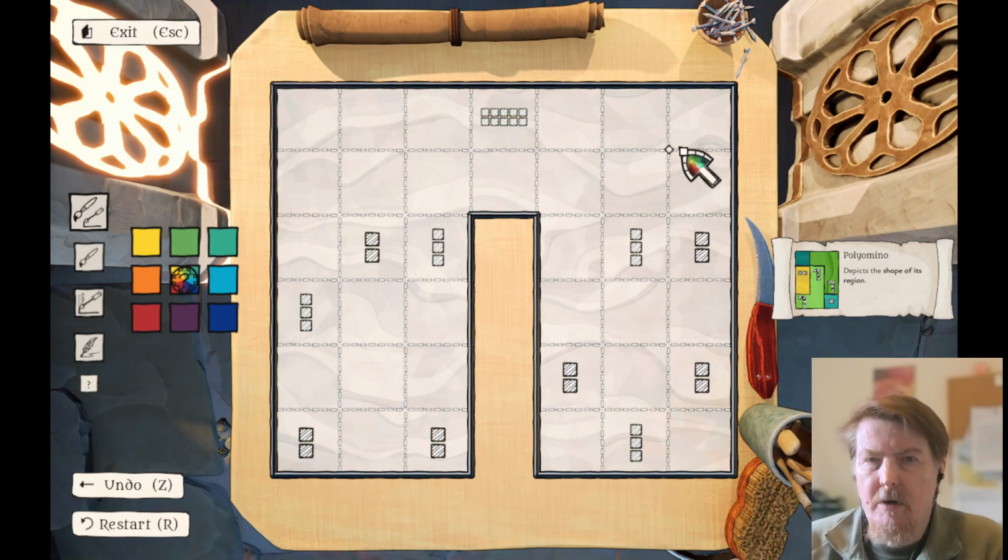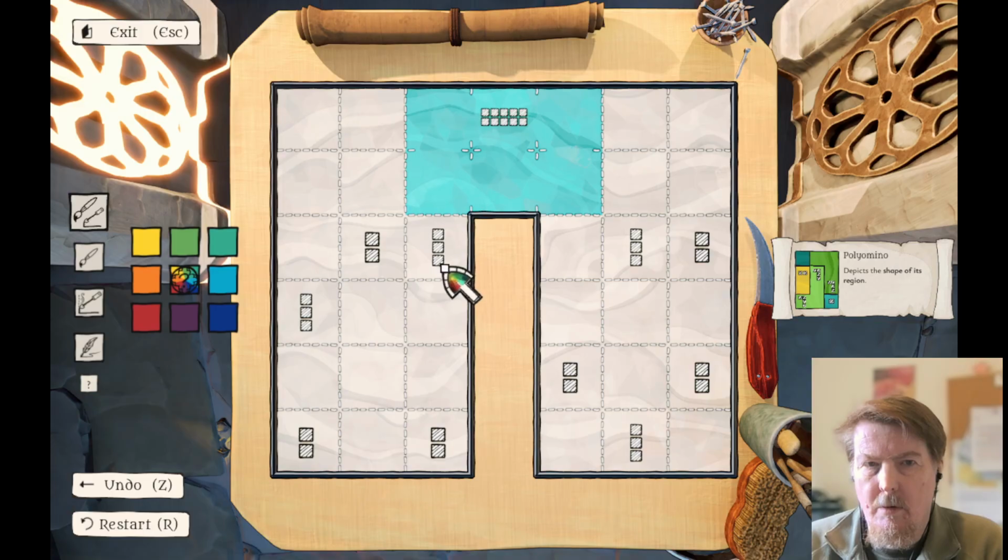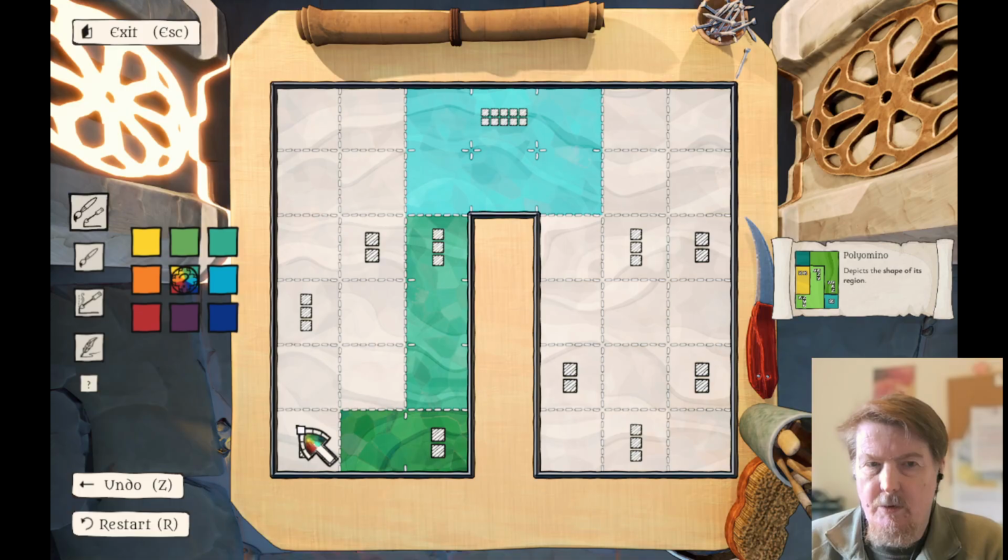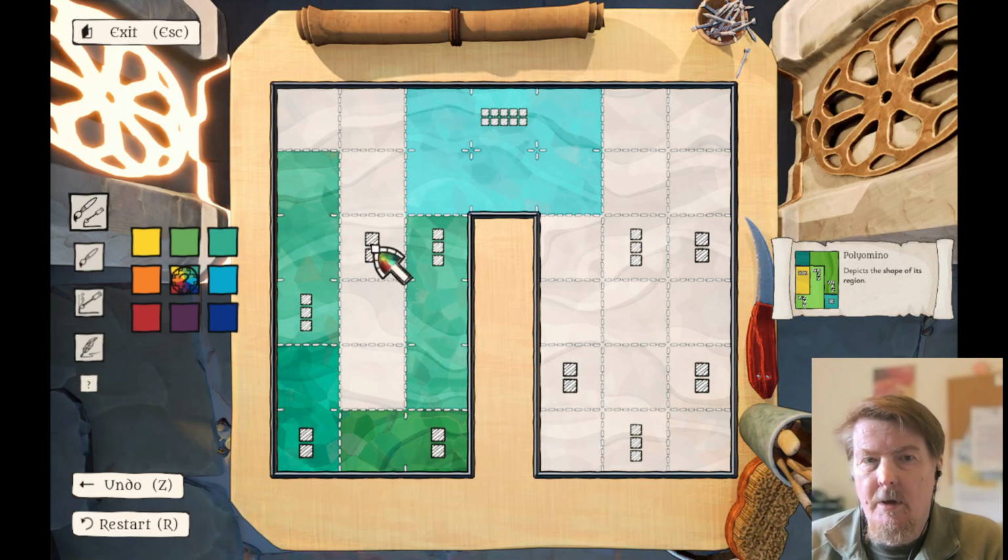Two by 5. That has to be vertical, that has to be horizontal, that has to be vertical, that has to be vertical.